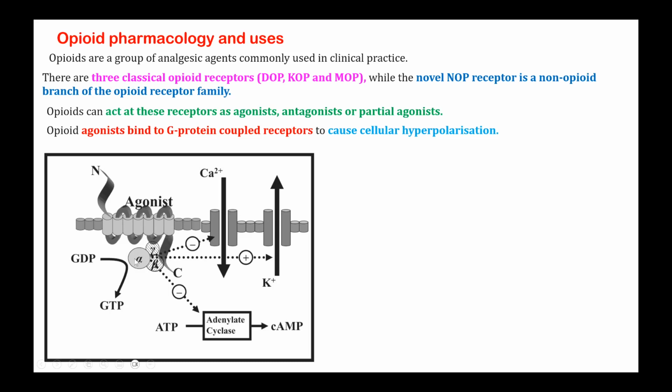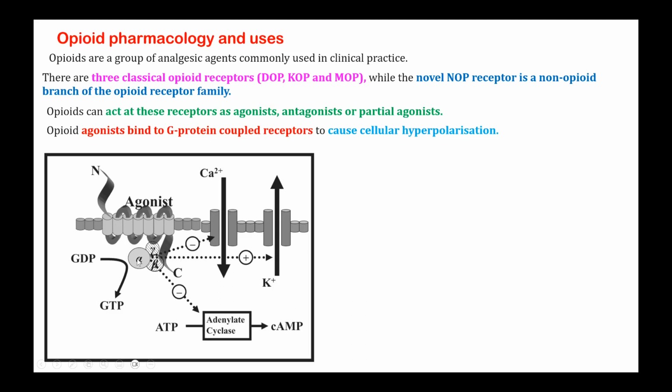Once the stimulus comes inside, the GDP which is there will be phosphorylated to triphosphate, GTP. And once the GDP gets converted to GTP, this trimeric protein is broken down into the alpha unit separately and the beta and gamma unit separately.